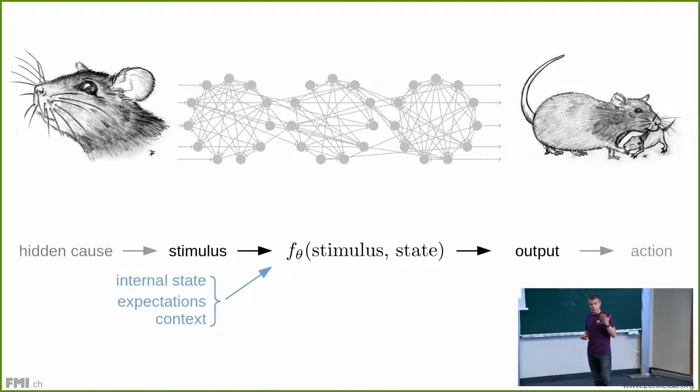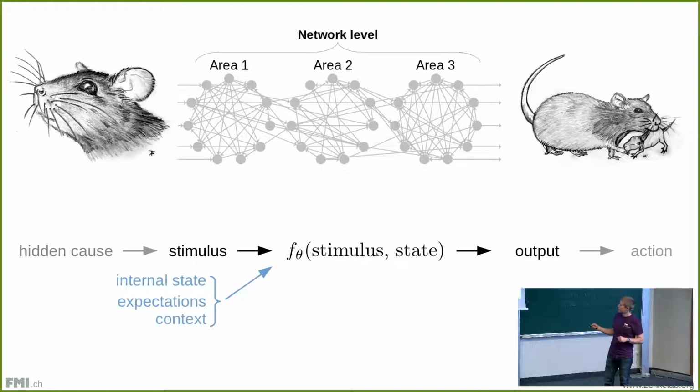Now, of course, we know that this function is implemented by neural networks, which is basically what the brain consists of. And these networks have a lot of structure, and you've already heard a lot about that previously. For instance, we know the different brain areas: sensory areas, motor areas, and some associative areas in the middle.